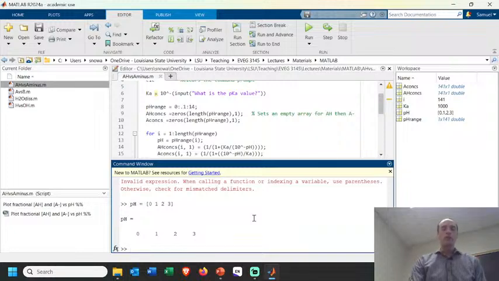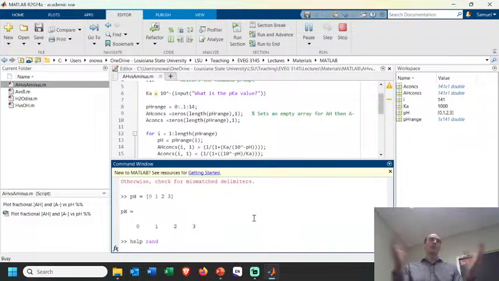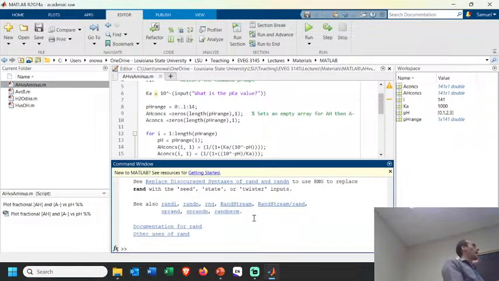So it's a very good question there, and I'm going to answer this for everybody, and then we'll close up shop. In case you didn't hear, the question is, what if I wanted to generate a random number from 0 to 14? My first instinct is to say help rand, in case that's a random function, right? So I can look into MATLAB's help and see what's there. There probably is.